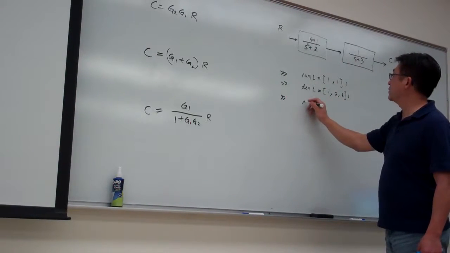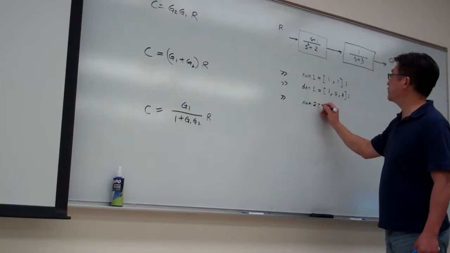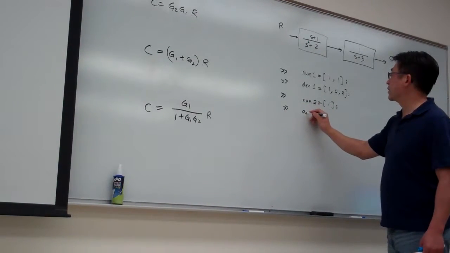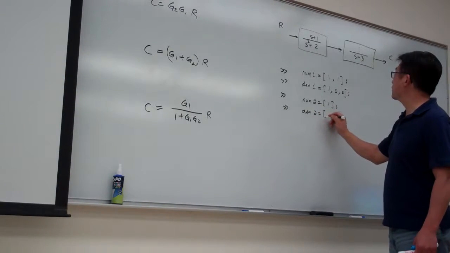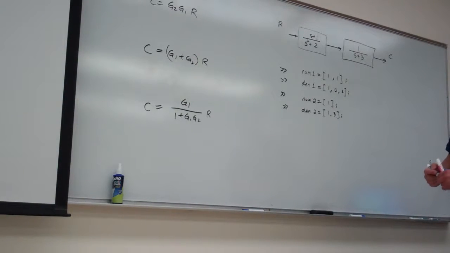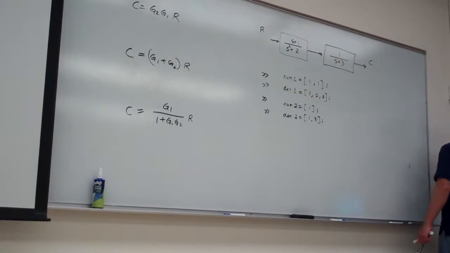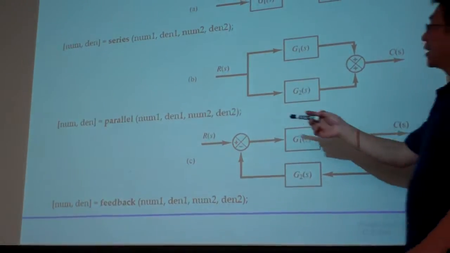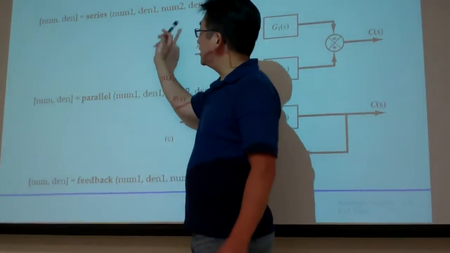For the second one, numerator 2 is simply 1, and denominator 2 is equal to 1, 3. Once you have everything set up, you simply call this command, series, and put those things in.